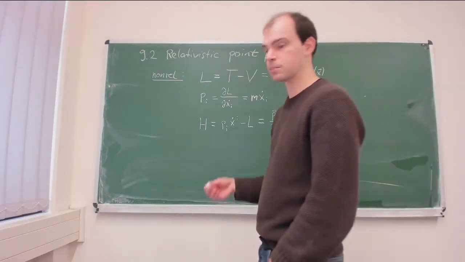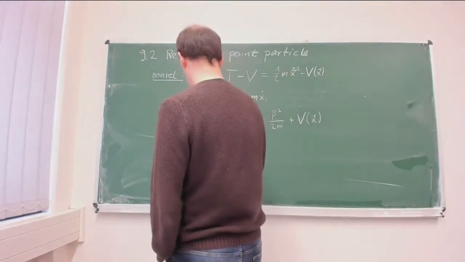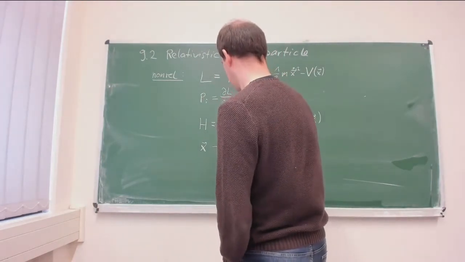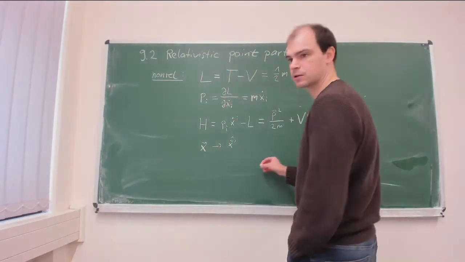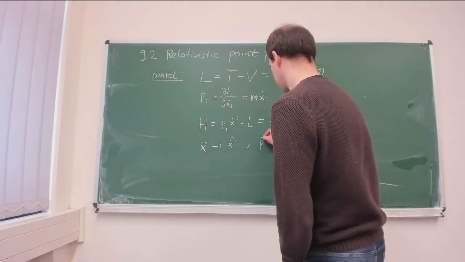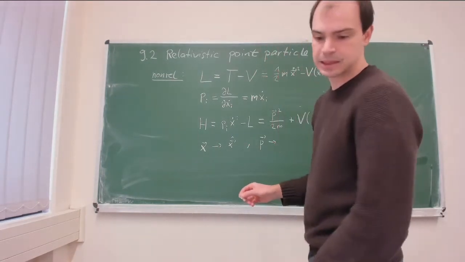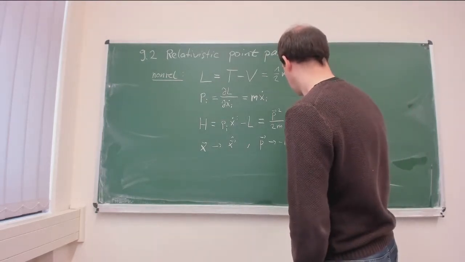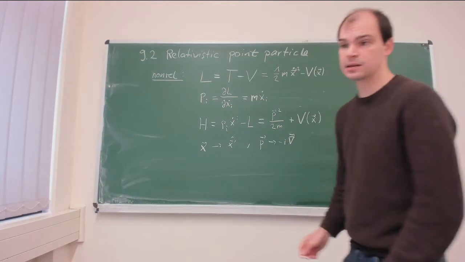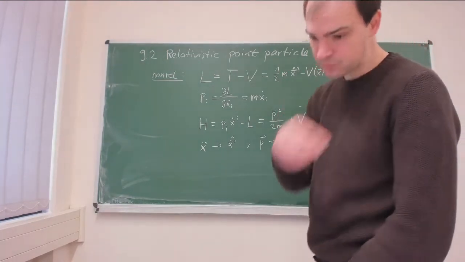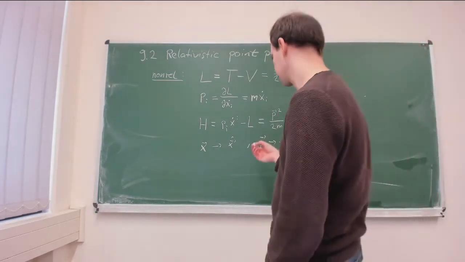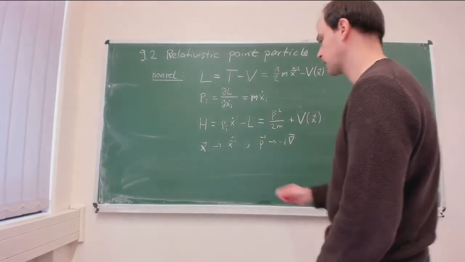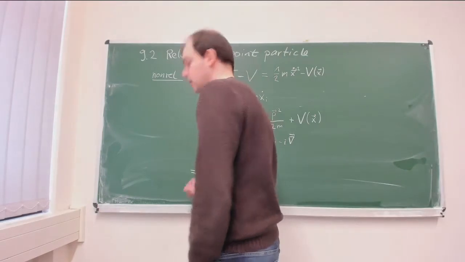So for example, in position space, our vector x becomes the x operator, and our vector p becomes the operator minus i times gradient. And we can insert this, and we get the Schrödinger equation in the usual form.